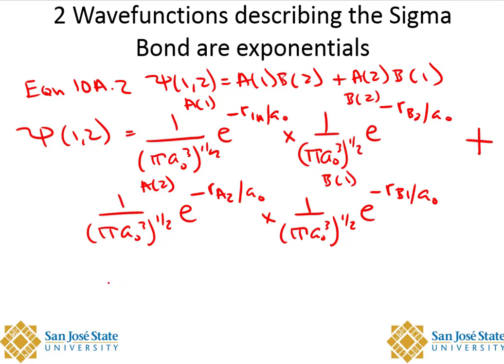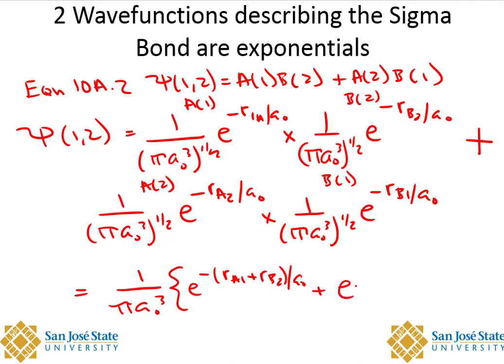And if we were to go ahead and simplify it, allow that mathematics to work itself out, we've got 1 over a naught cubed e to the minus R A1 plus R B2 divided by a naught plus e to the minus, what do we have?